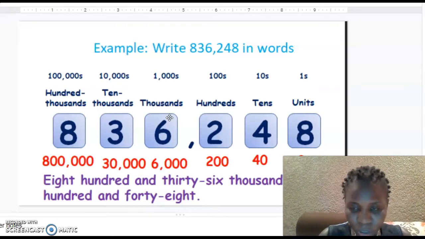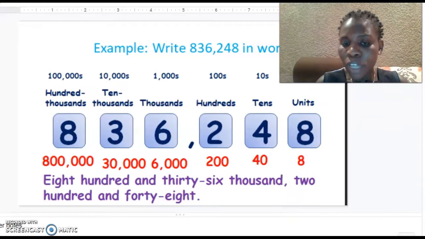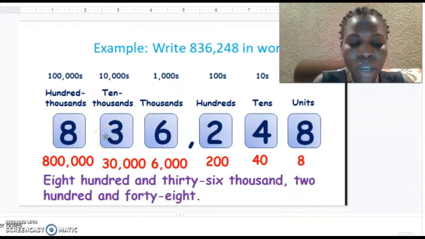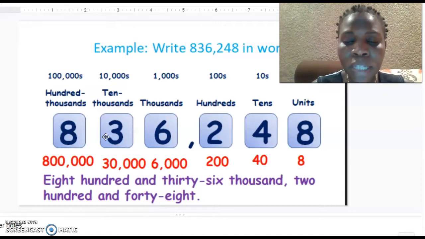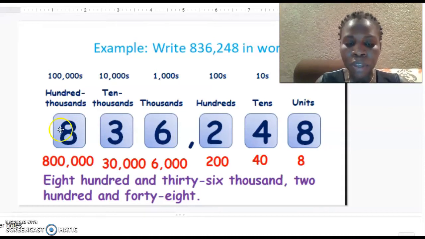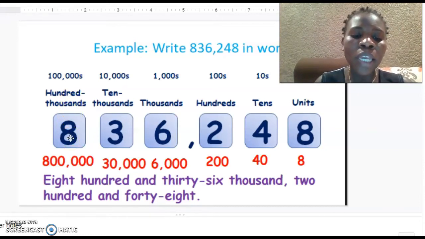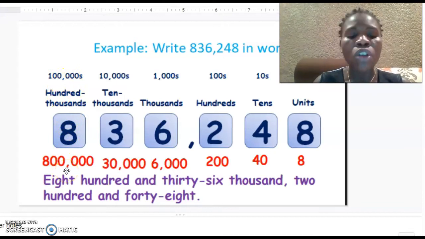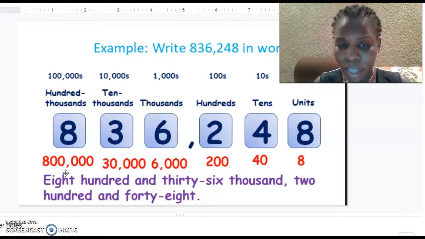Then the next thing we are going to do is expand to find the value. As I said, to find the value of a number, you take the number times its place value. The place value of 8 is 100,000, so I multiply 8 times 100,000 to give me 800,000.